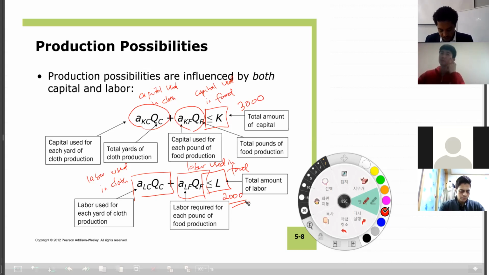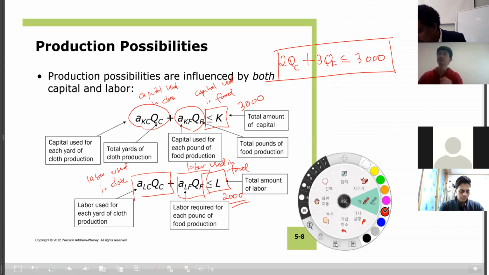So we can put this like this: 2 times quantity of clothes, which is the capital required to produce clothes, plus the capital required to produce food, which is 3 times quantity of food, is less than or equal to how much? We have 3,000 capital. This is one equation.